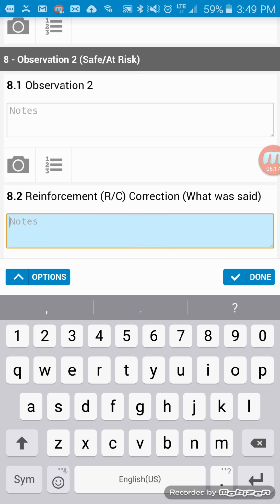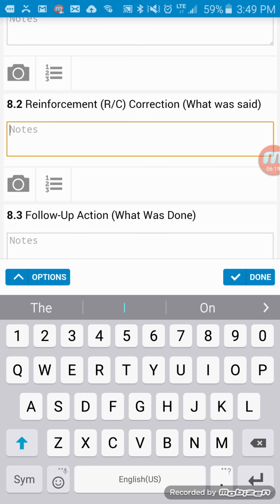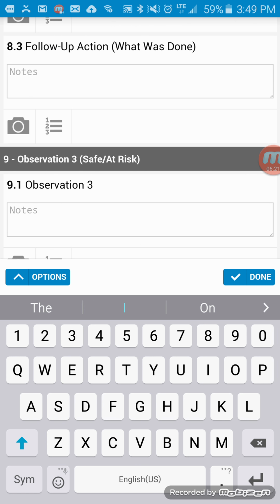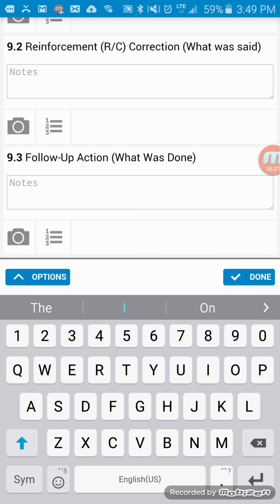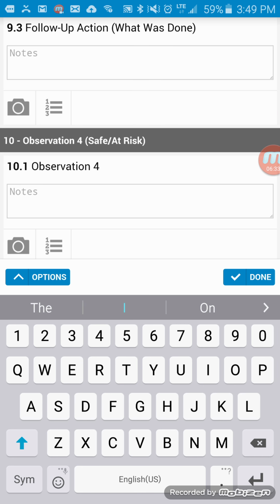Again, observation 2, safe at risk observations and so on, reinforcement, any corrective action needed, and so forth. Again, there's just other things that you can add in terms of specific tasks that they were doing, and then what was good, and then what maybe they could think about in terms of following up on.